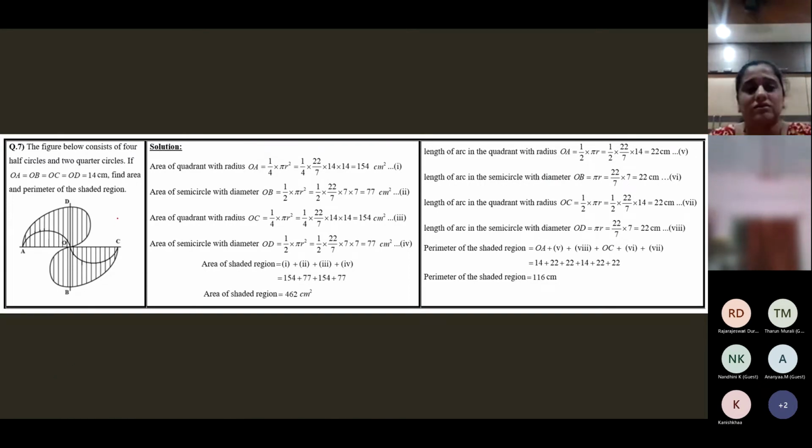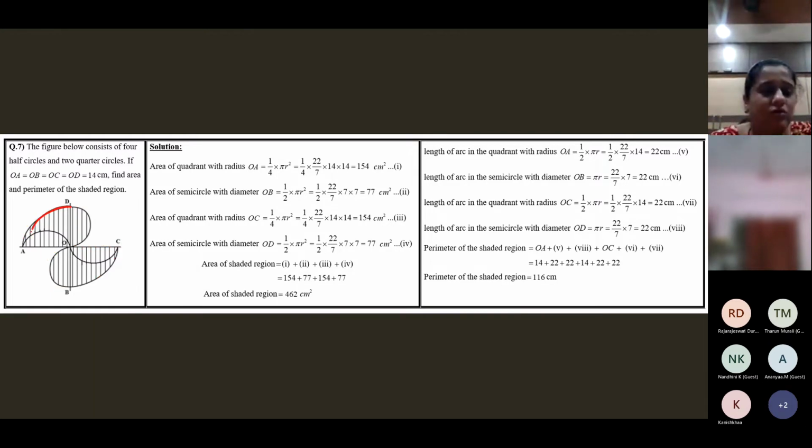The area of this figure, children. Area is very simple. Whatever is shaded, you'll have to find the area. So what is shaded? This full quadrant is shaded. Find its area. Then this semicircle is shaded. Find its area. Then this semicircle is shaded. Find its area. And then this quadrant is also shaded. So basically, to find the area, you'll have to find the area of two quadrants.